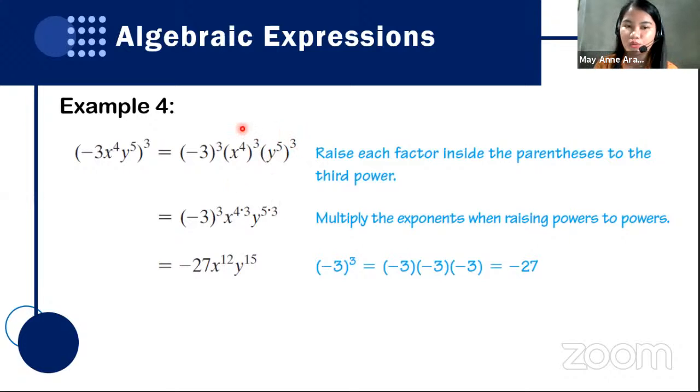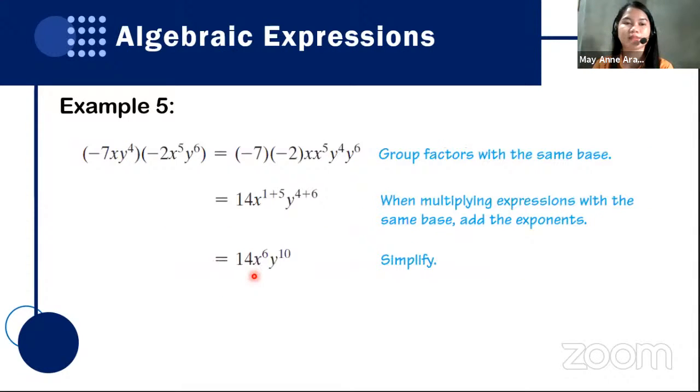Again, when it's like this, multiply. Negative 3 times negative 3 times negative 3 is negative 27. 4 times 3 is 12. And 5 times 3 is 15. So our final answer here is negative 27 x raised to 12 times y raised to 15.